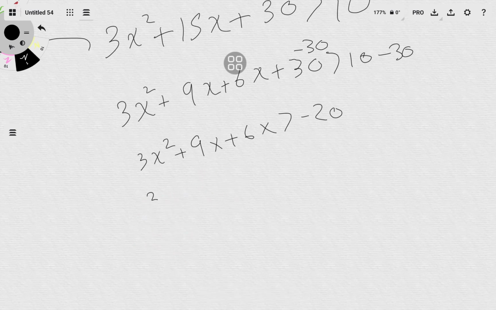Okay, 3x, x plus 3, plus 6x. No, I'm doing it all wrong. Let's see, I am kind of rusty about this.